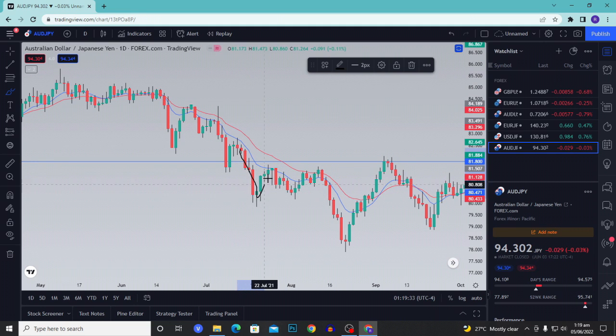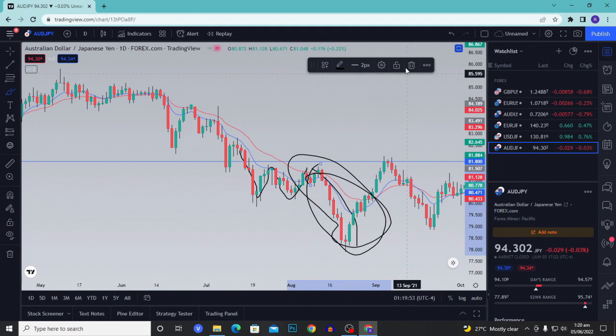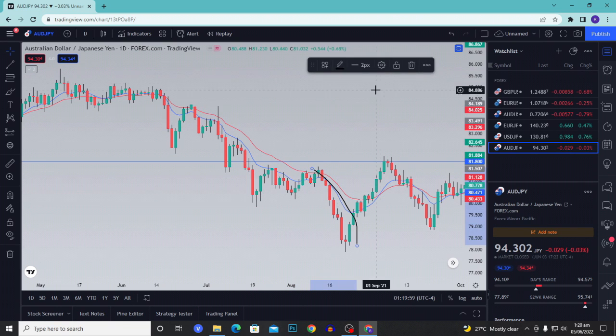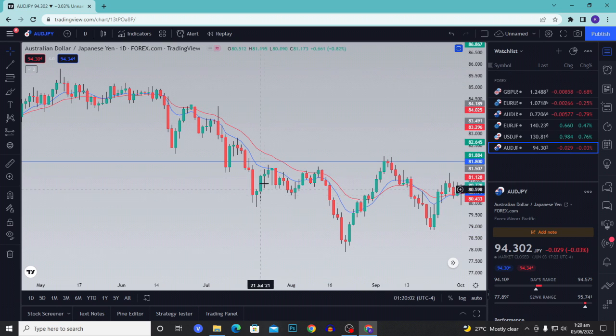Price came down, went up, came down again, and went up to form a W, which broke this neckline right here slightly. Neck point right here, then continued going down. So our trade would be on this movement going down right here. That's an example of a W formation or W setup.